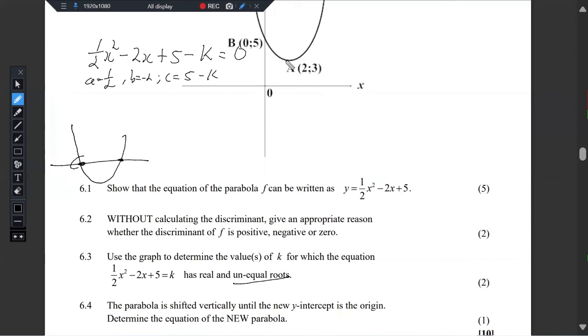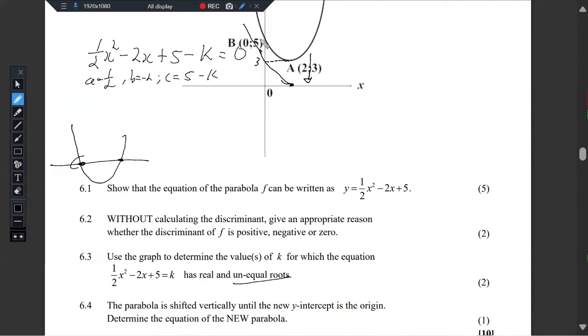Now, looking at this, we can tell that the y coordinate here is actually 3. So if we were to shift this exactly 3 units down, then you agree that the graph will look like this. Obviously, if I shift 3 units down, then even my y-intercept has to shift 3 units down.